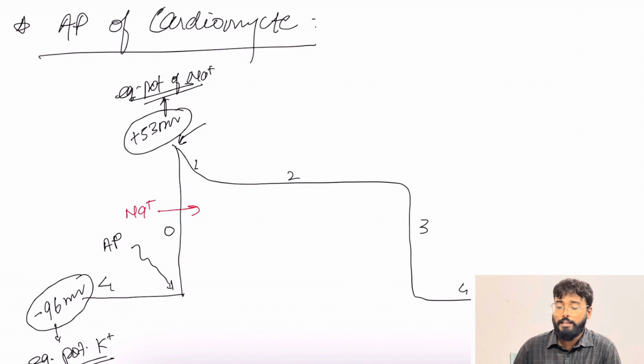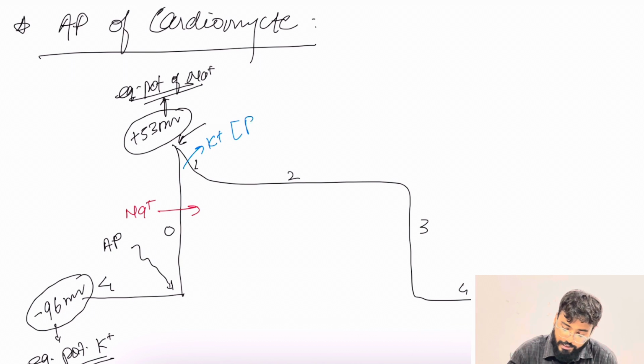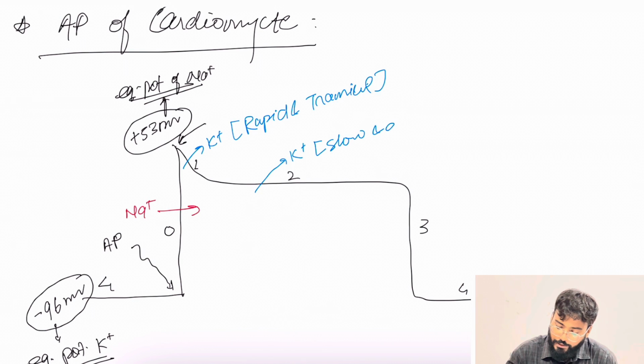These potassium channels that open in phase 1 are transient, and they close immediately after phase 1. Immediately after phase 1 there is opening of the slow and delayed rectifier potassium channels. So here there is efflux of potassium ions that we say is rapid and transient, and here this potassium channel is slow and delayed.